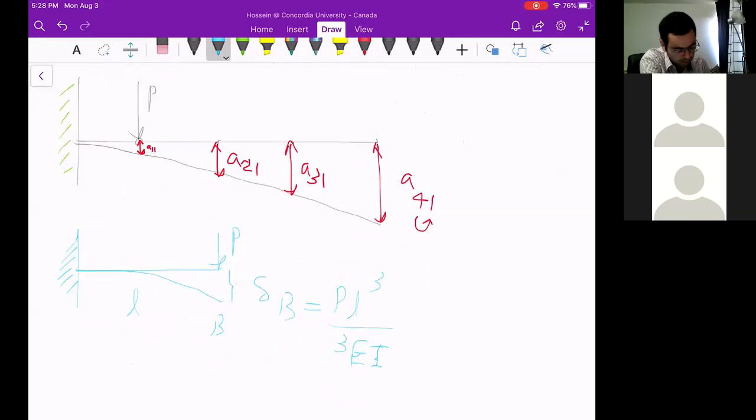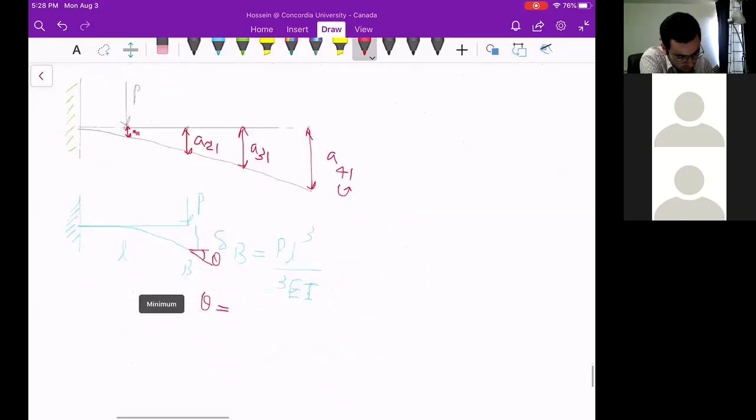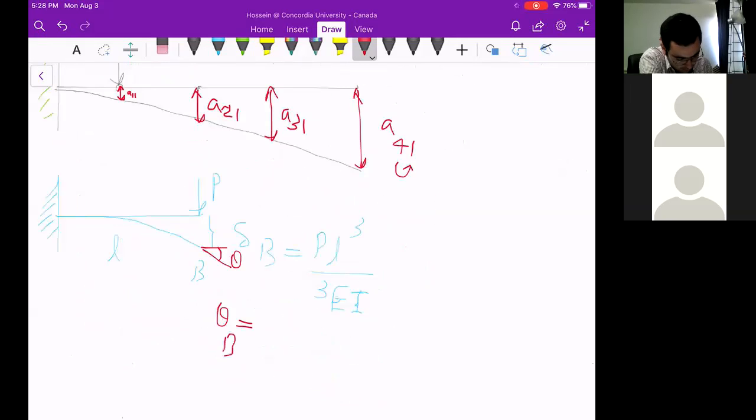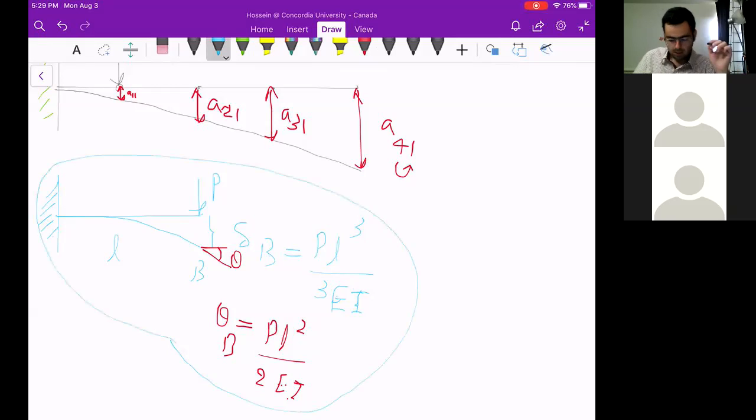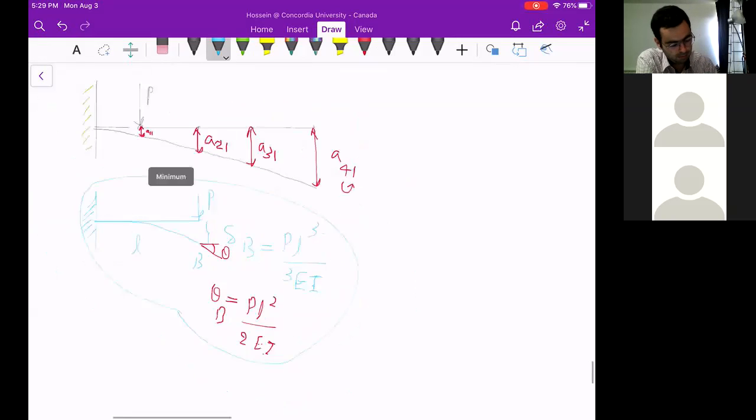And also the slope at the tip, theta B, is PL squared over 2EI. By these two formulas, you can similarly obtain the deflection at any part of this problem.